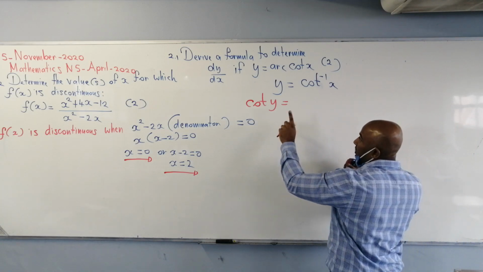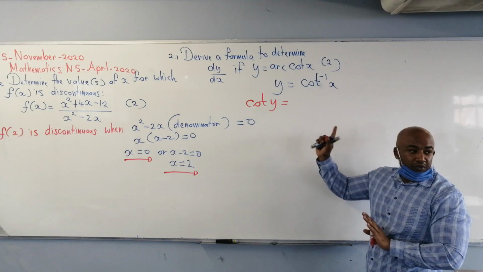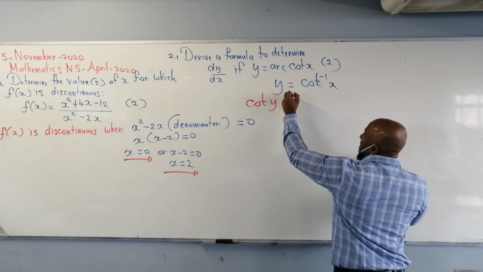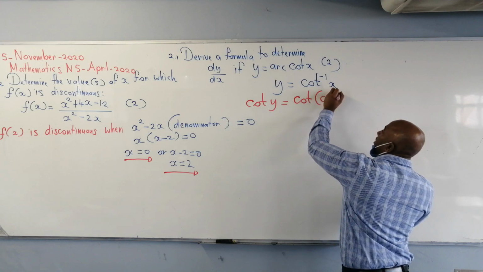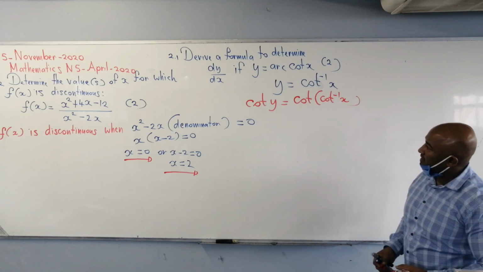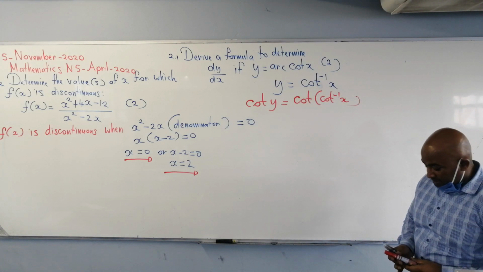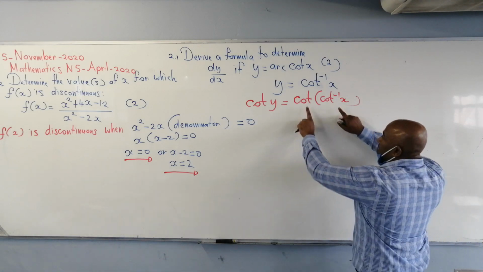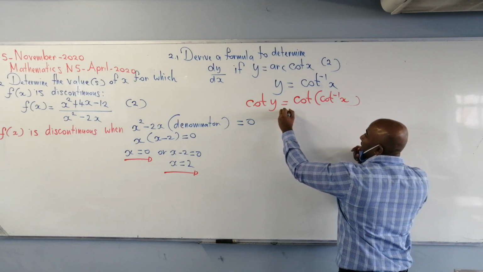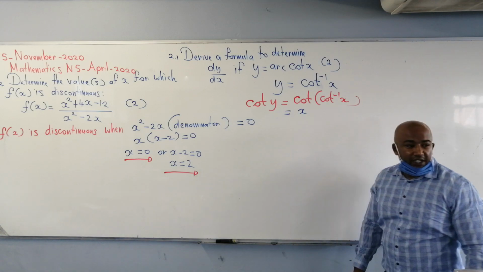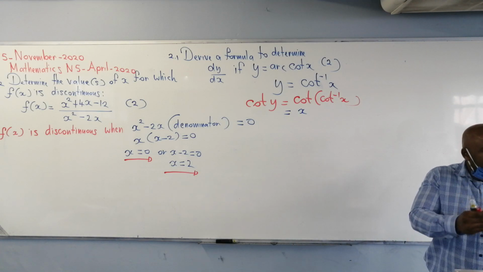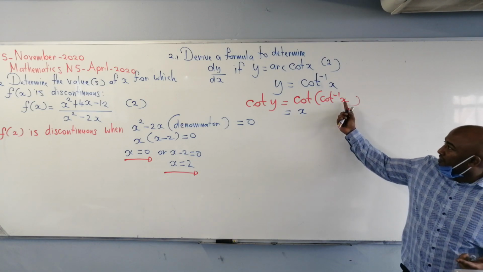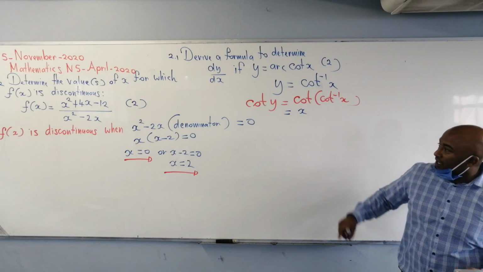I cannot do it on one side, I have to do it to both sides. So basically this is cot of inverse cot x. Now cot of inverse cot x is just x. Those two functions cancel each other out, and you're left with what it was originally, x.